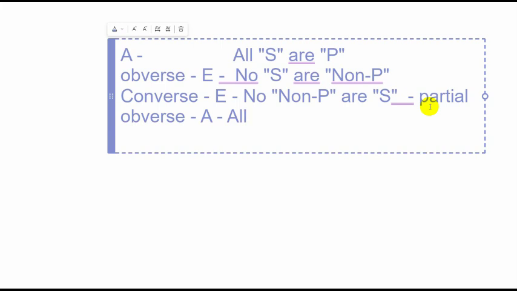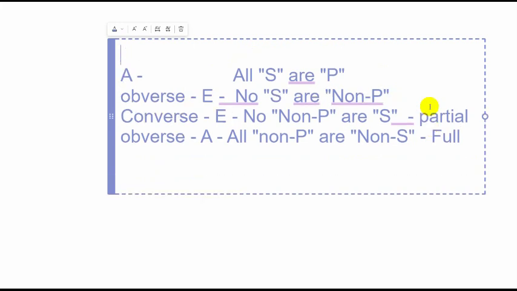But what changes is the predicate's complement. The predicate is replaced by its complement. So in this case, S will become non-S. So all non-P are non-S. This is full contrapositive. This is about contrapositive.